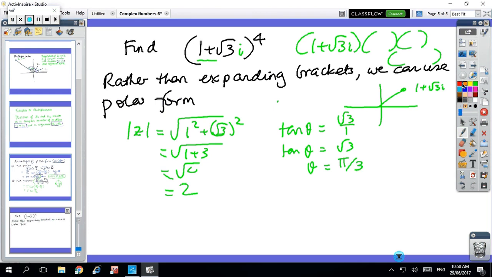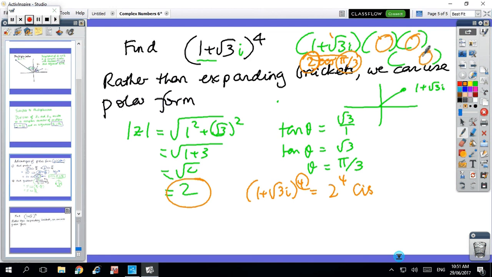So 1 plus root 3i to the power of 4 will be, because this number is 2 cis pi over 3, and we're going to multiply it four times, 2 to the power of 4, and the angles we're going to add. So we take pi on 3 and multiply it by 4. 2 to the 4 is 16.